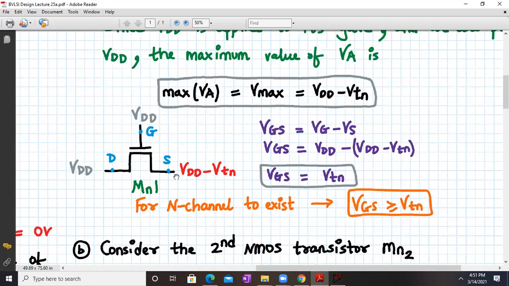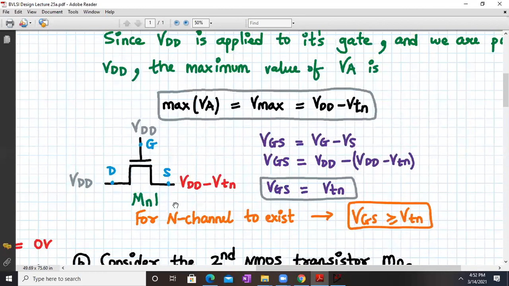We can never get a proper strong logic 1 in an NMOS transistor, and the reason is this: for the N channel to exist, VGS has to be greater than or equal to VTN, and for that to happen, the source voltage has to be VDD minus VTN. Then only will VGS equal VTN. I hope this is clear.